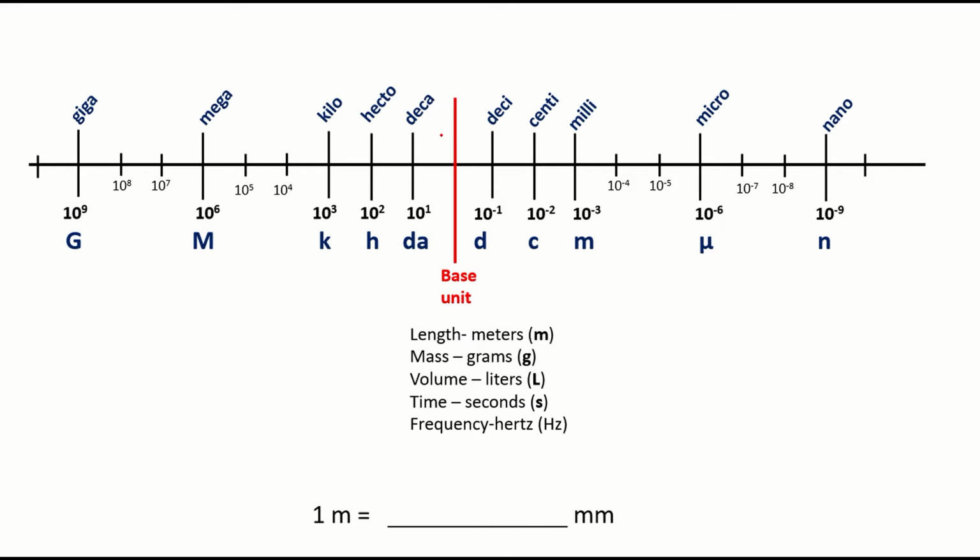Okay. Now let's see how we are going to do certain simple conversions within the metric system. Now if you notice, you can see all these numbers. There's nothing to memorize. If you develop a scale like this, you can see patterns. You can label it 1, 2, 3, 4, 5 as long as you want.